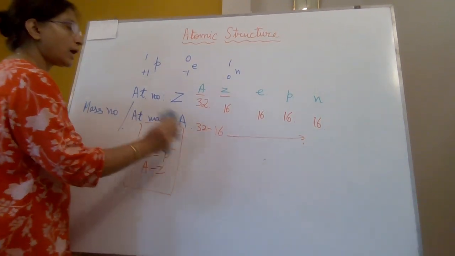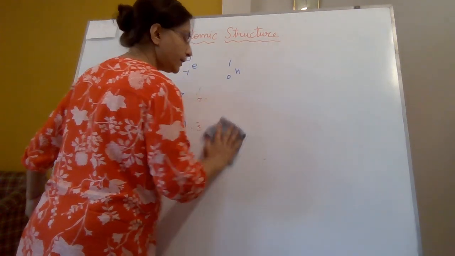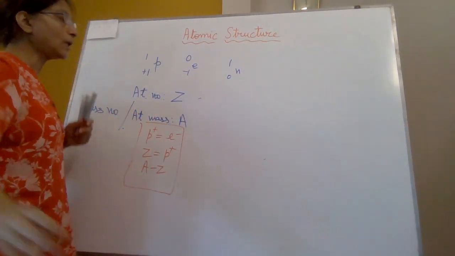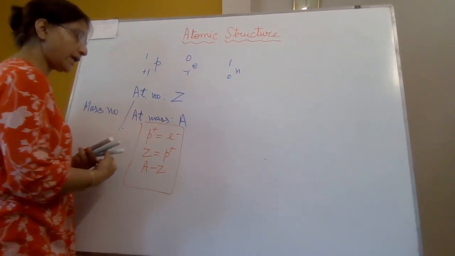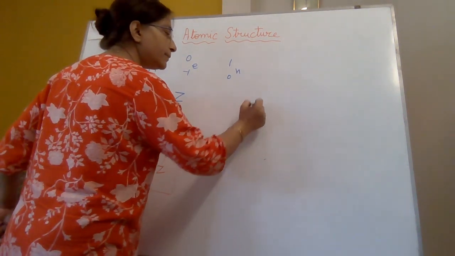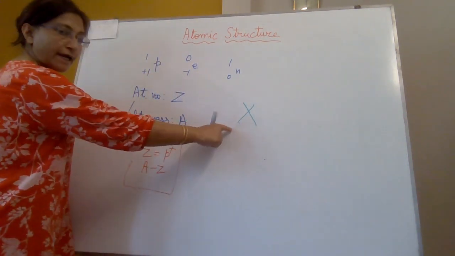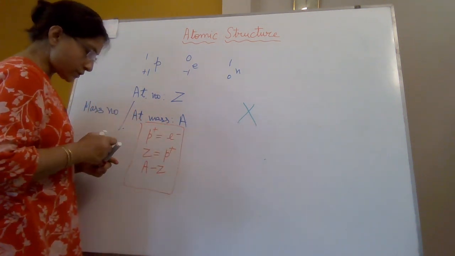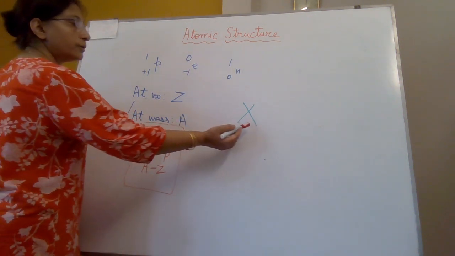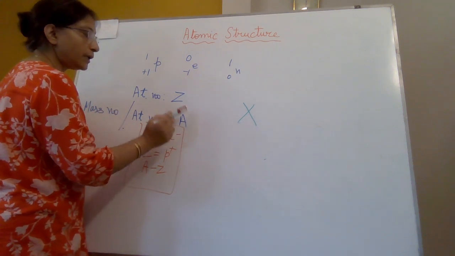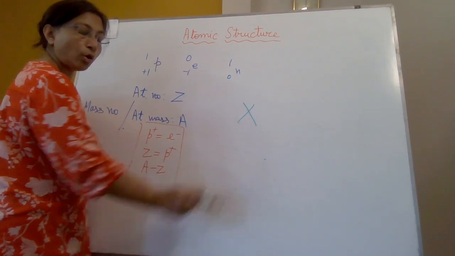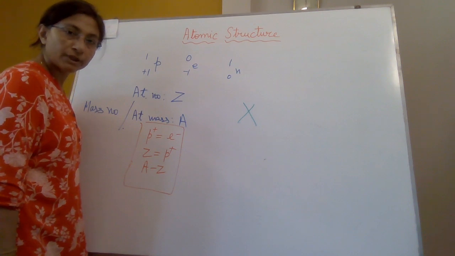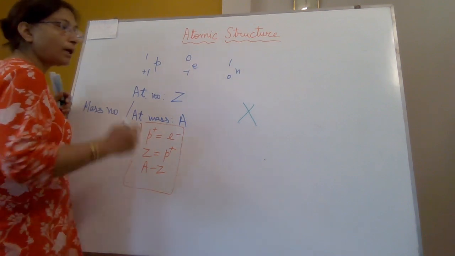Suppose now I have an element, suppose the element be X. Now if I want to write the mass number and atomic number along with the symbol of the element, how am I going to write it?